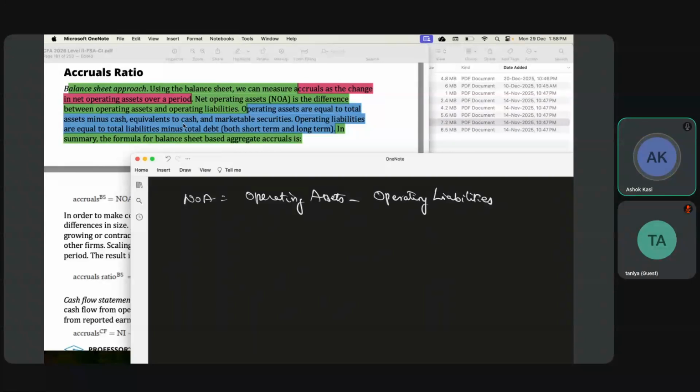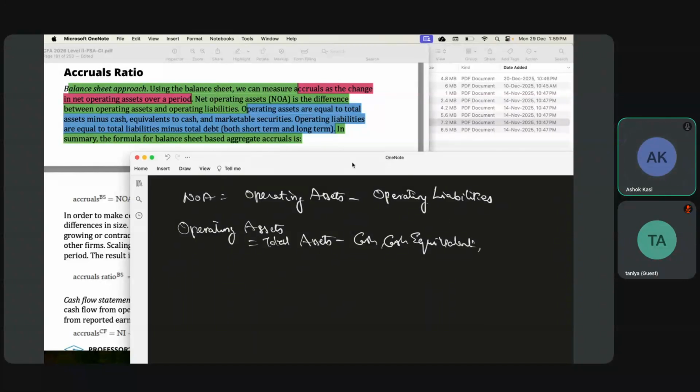Operating assets are equal to total assets minus cash and cash equivalent and marketable securities.